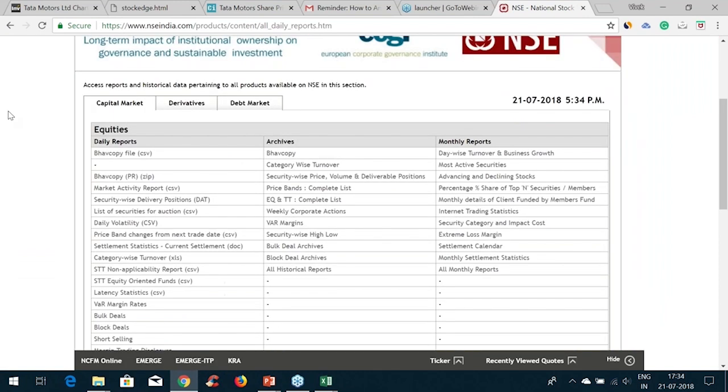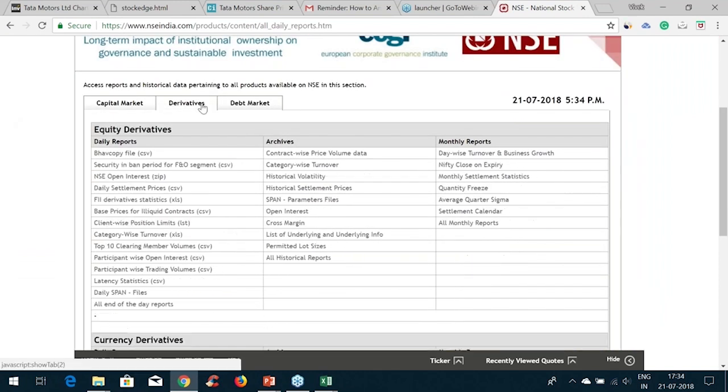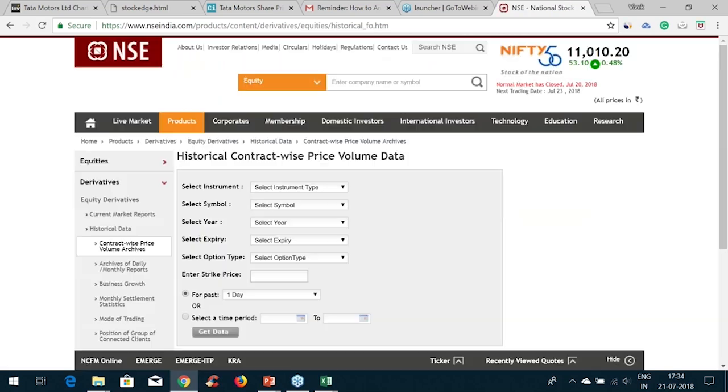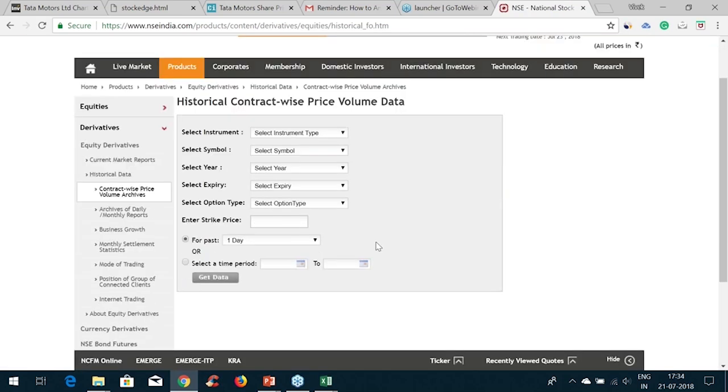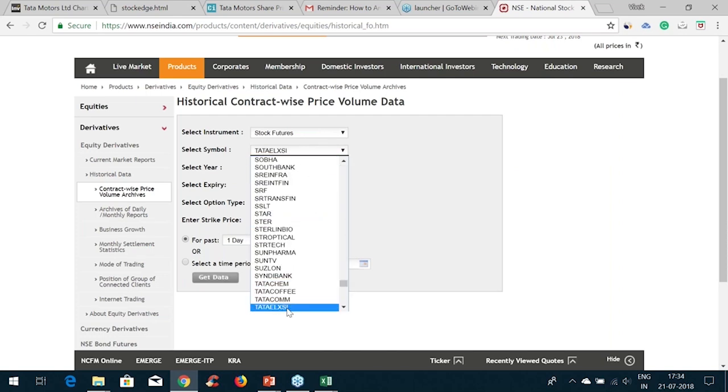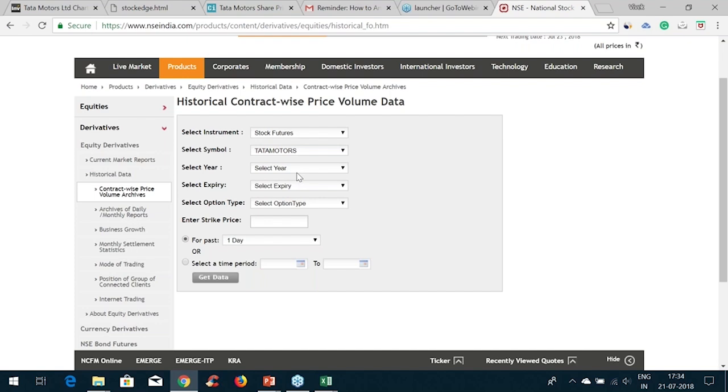In all report, I go to derivatives, and in derivatives, I go to contract wise price volume data archive. I click here, okay, and I select instrument called stock future, symbol Tata Motor, year I want it for 2018.